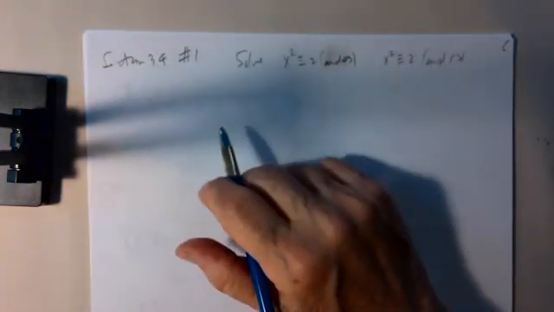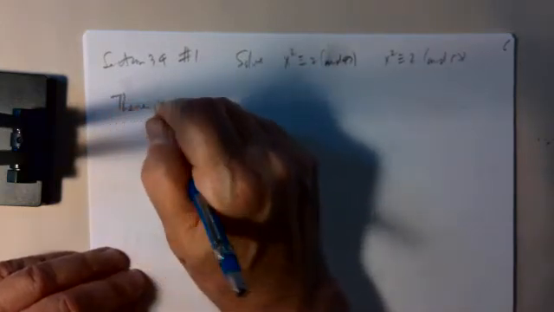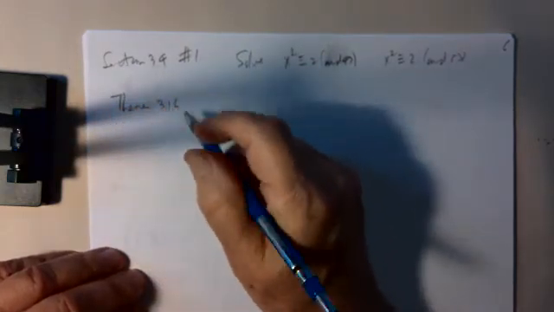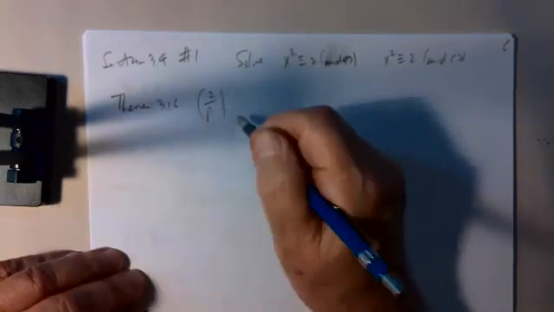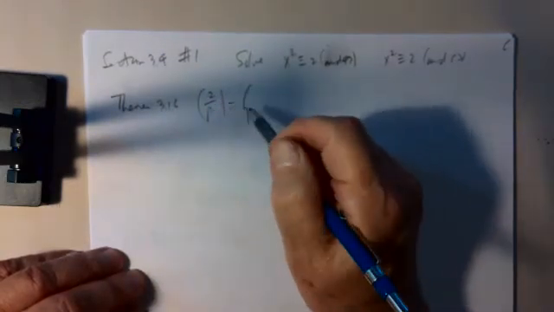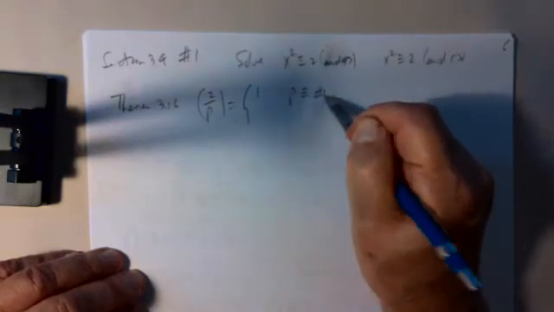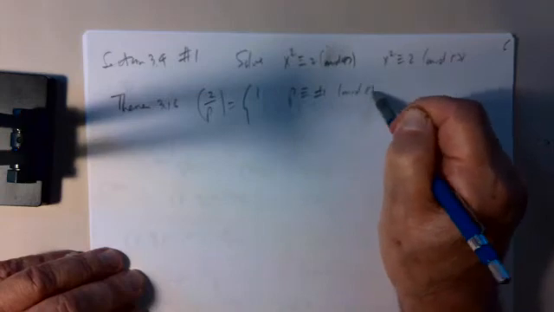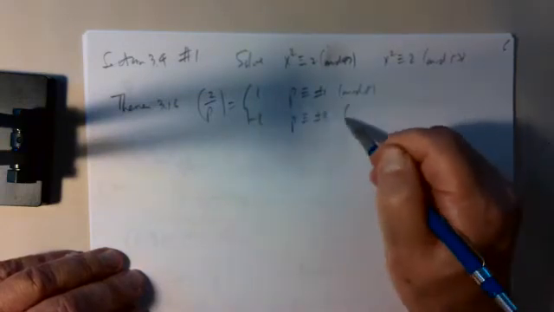Of course, we did prove the theorem in this section, which says for an odd prime p, the Legendre symbol 2 over p is 1 if p is congruent to plus or minus 1 mod 8, and minus 1 if p is congruent to plus or minus 3 mod 8.